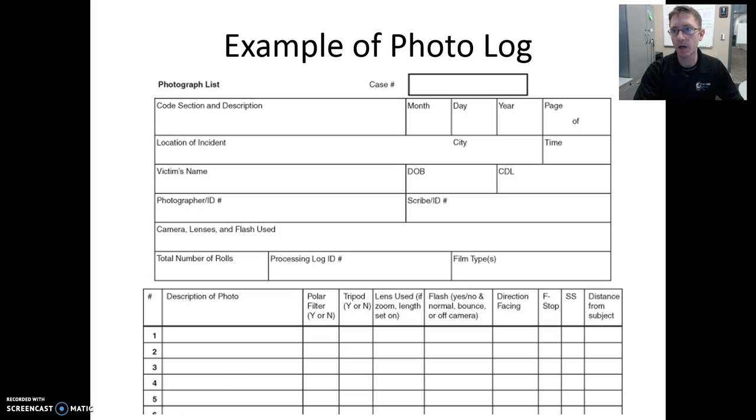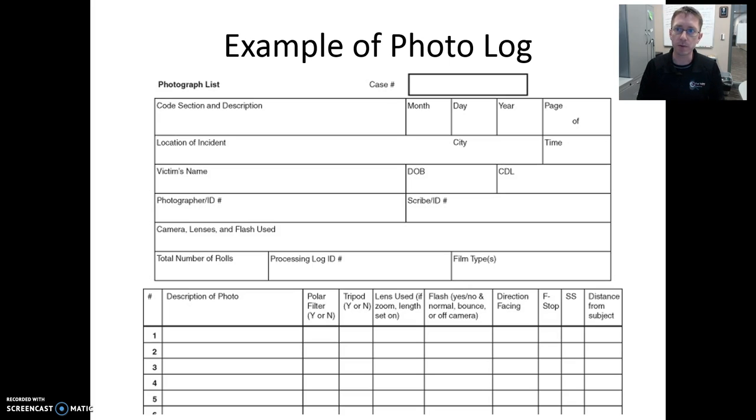These are also the building blocks of our report. Again, we're not going to cover report writing in this class at all. Don't worry, no report writing this class. But these are the building blocks so that when you do have to write a police report, you know what you are saying. All right, so that is the photographic process.